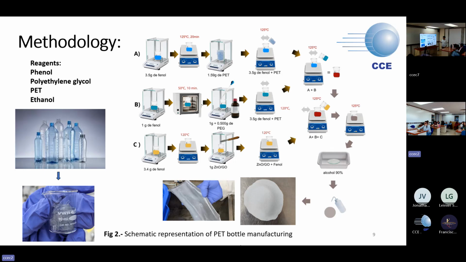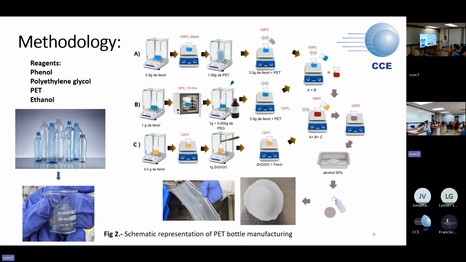Once they are dissolved in the solution, we mix it with a second solution. In this one, again, we heat phenol in order to become a liquid. Then we introduce the polyethylene glycol, and at the end, we mix these 2 solutions. During the mixing of these 2 solutions, we prepare a third solution, beaker C. In beaker C, we heat phenol.